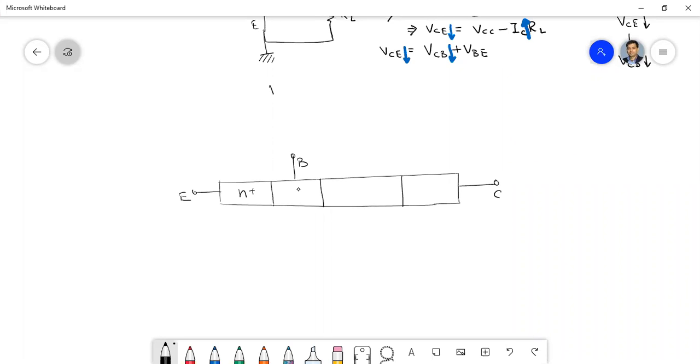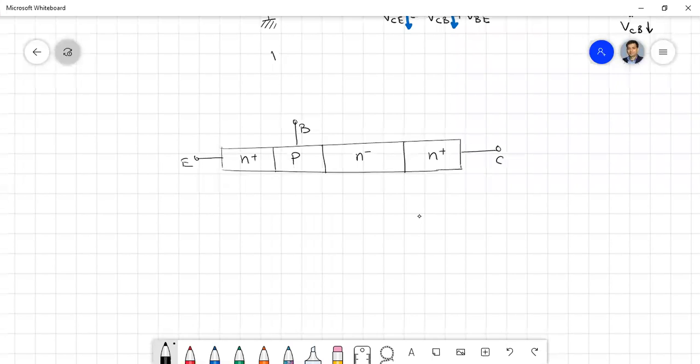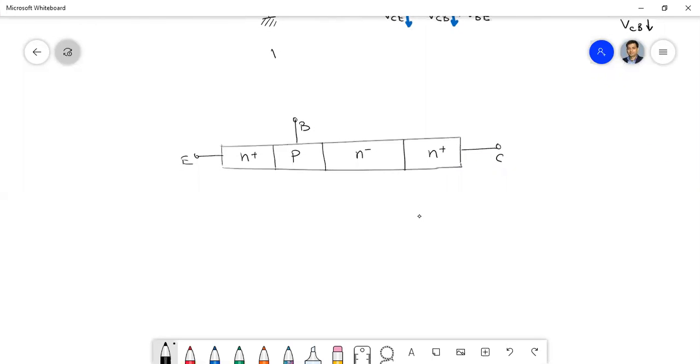P. What about the next? This is the drift region, n minus, and this is n plus. Okay. So in the active region, the excess carrier concentration or charge concentration is like this.